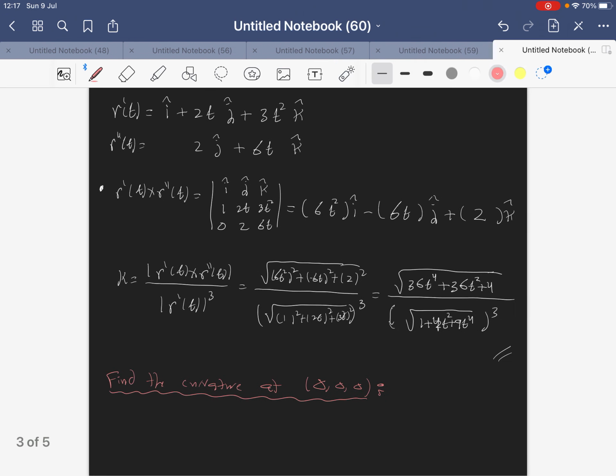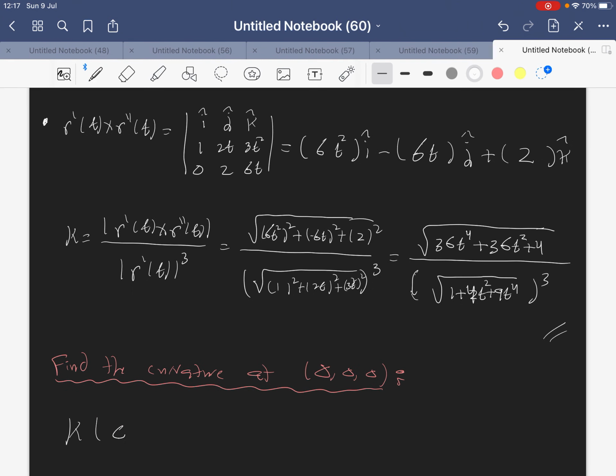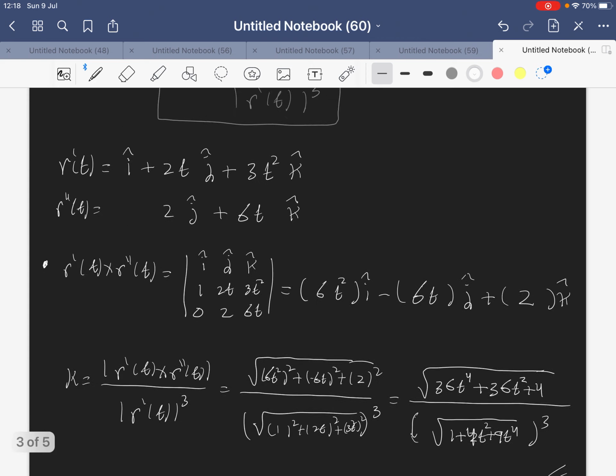So this means I will only need to find k of 0, because this is t equal x equal to 0. Now, if we plug in 0 all over those, this will cancel. So what we will get down here is only 1, and here square root of 4. So the answer will be 2. It means the curvature, the bend, will be 2 at the point 0, 0, 0. And that's example number 9.